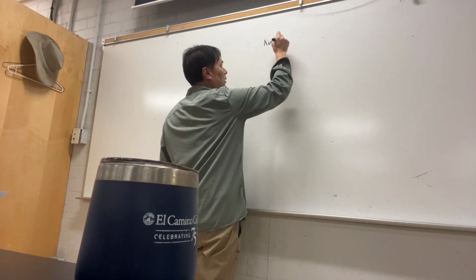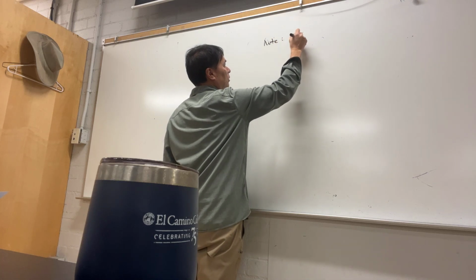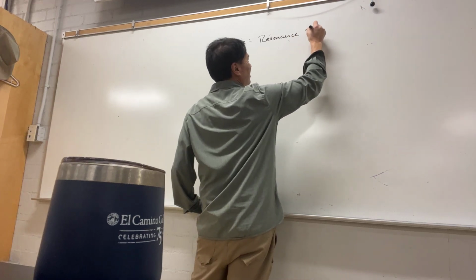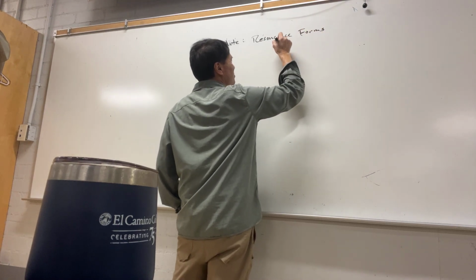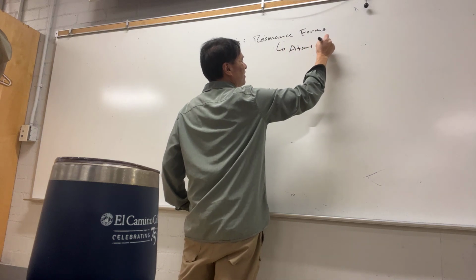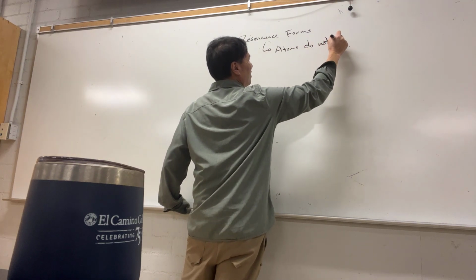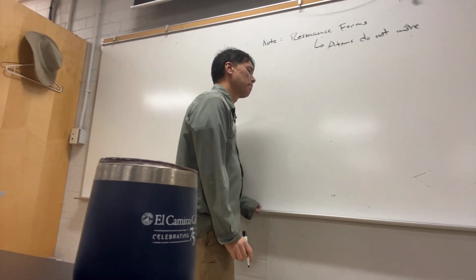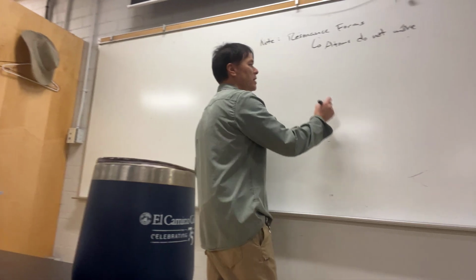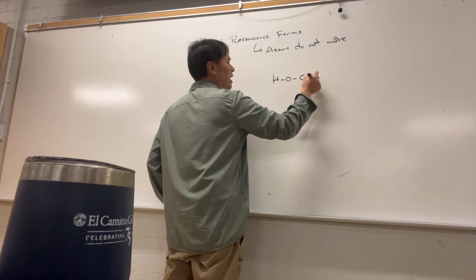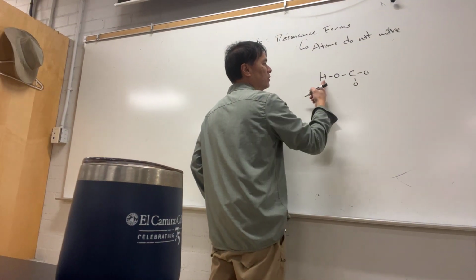One of the most common mistakes in drawing resonance forms is people will tend to move the hydrogen. So they'll put the hydrogen here, and then they'll put the hydrogen here, and then they'll put the hydrogen here. We never want to move the hydrogen. In fact, we don't want to move any of the atoms. The only thing we do is redistribute the electrons.